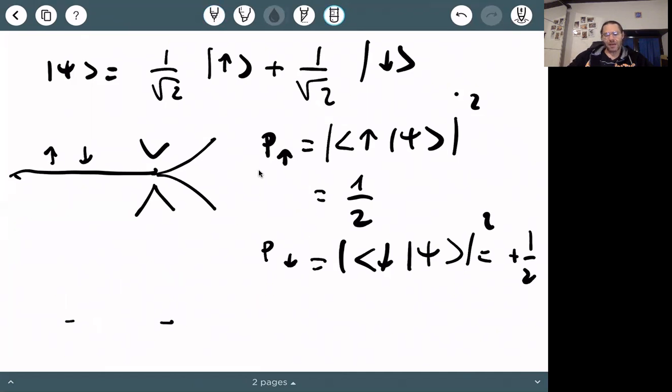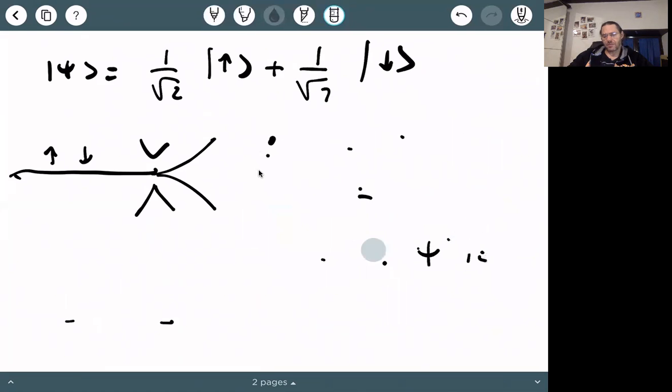Now I perform a measurement of the x angular momentum, right?